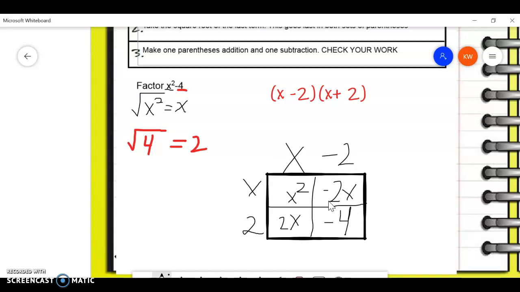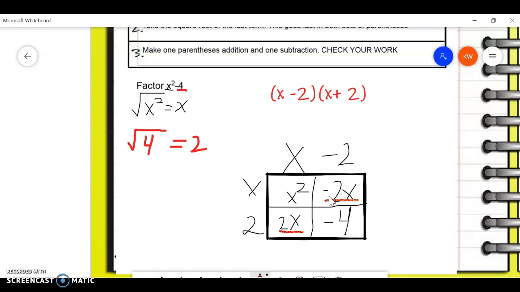Now, from the simplification of this, I know that both positive 2x and negative 2x are alike. Now, when I combine these two, this is really 2x minus 2x. 2 minus 2 is 0, so 2x minus 2x is going to be 0 also. That's why in the beginning, we only had 2 terms here.